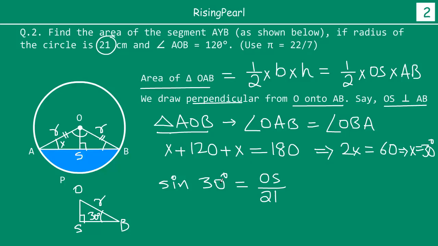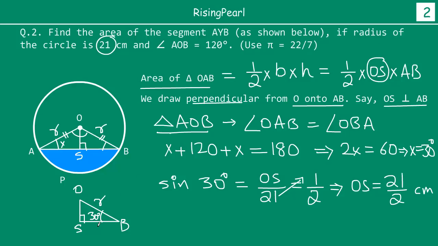So sine 30 degrees is opposite side divided by hypotenuse. So OS divided by the hypotenuse, the radius, which is given as 21. Now we know that the value of sine 30 degrees is 1 by 2. So from here we can find out that OS is equal to 21 by 2 centimeter.